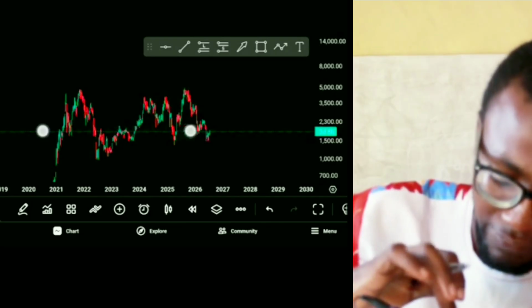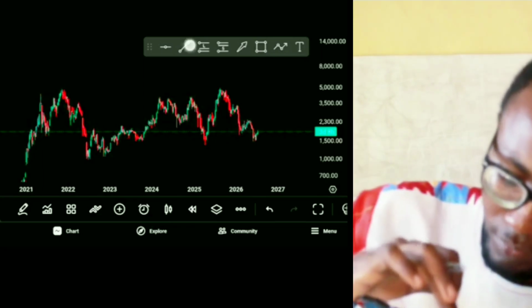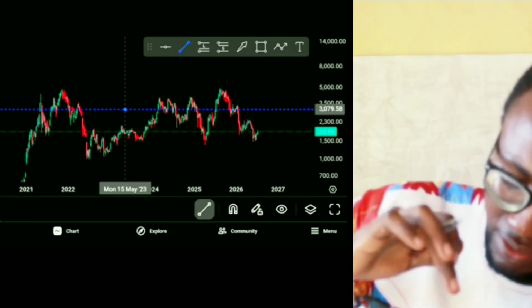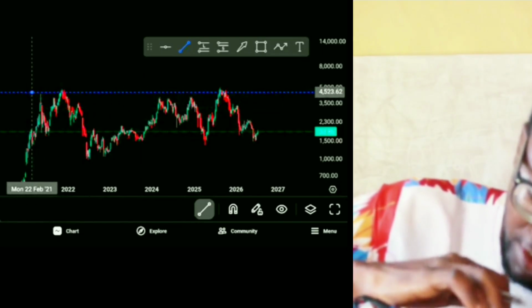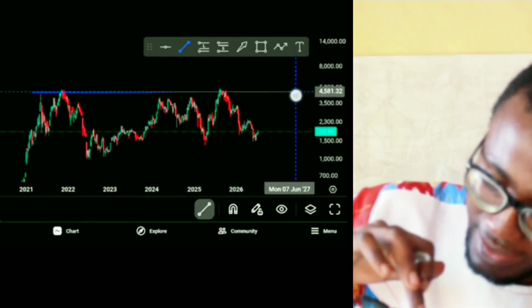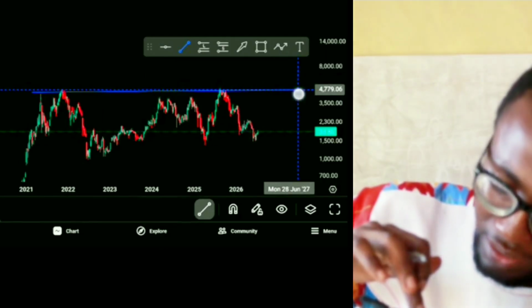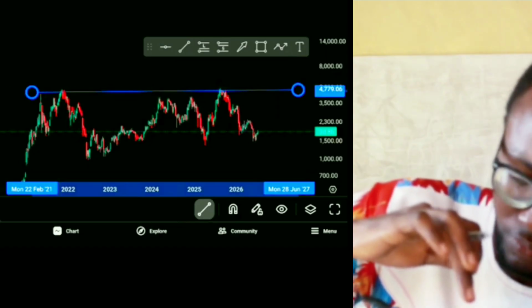Look at this weekly time frame. Then I'll bring my trend line. I'll draw my trend line. So my trend line will tell me the trend. Is it an uptrend, a downtrend, or is it a consolidation?